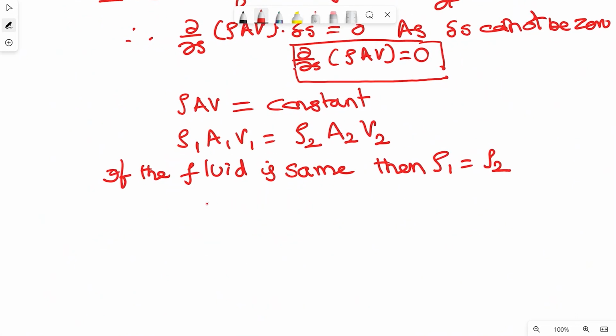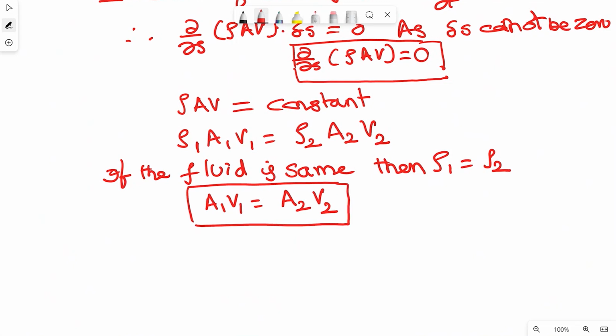Therefore, A1 V1 is equal to A2 V2. This is the general equation we use as continuity for solving the pipe flow problems. So this A1 V1 is equal to A2 V2.